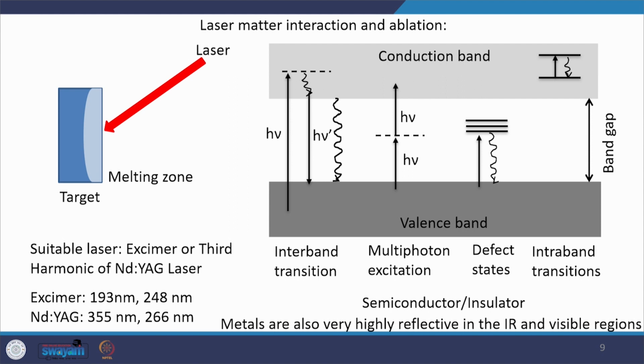Now, if we use the wavelength 1064 nanometer, it is around 1 point something electron volt, which is much lower than the band gap. Then we require two photon, three photon or multiphoton excitation. In that case you need two photons to excite an electron from the valence band to the conduction band.